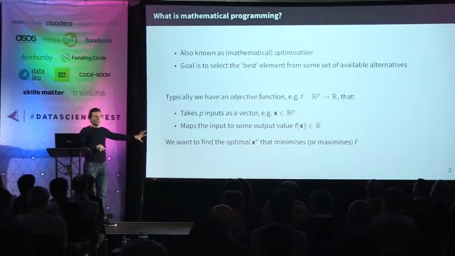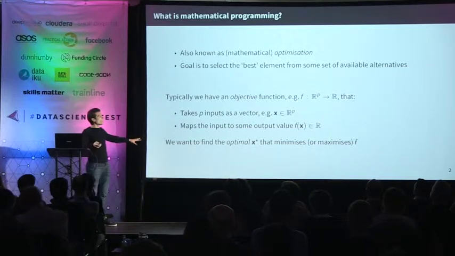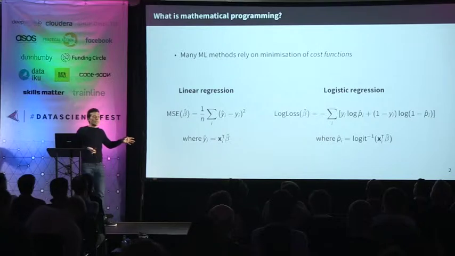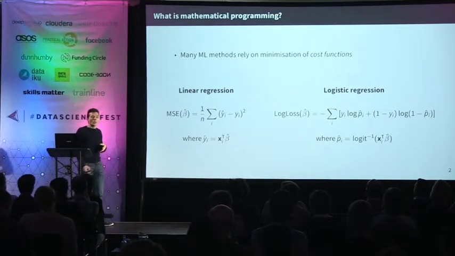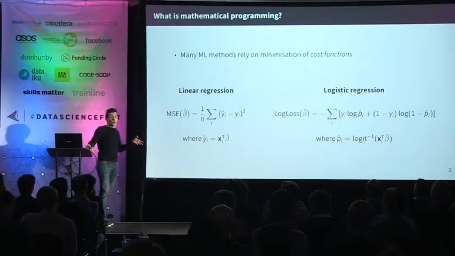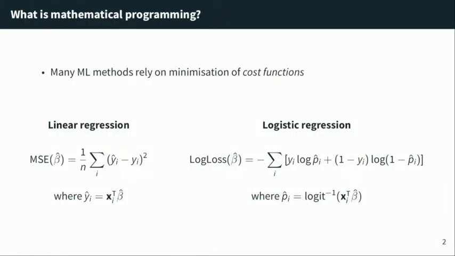This is actually, as we'll see a bit later in the presentation, but just to give you a taster of that, this is what we do in machine learning all the time. Pretty much all machine learning methods rely on minimizing some cost function. If you're training a linear regression, then you're minimizing the mean squared error as a function of your coefficients.